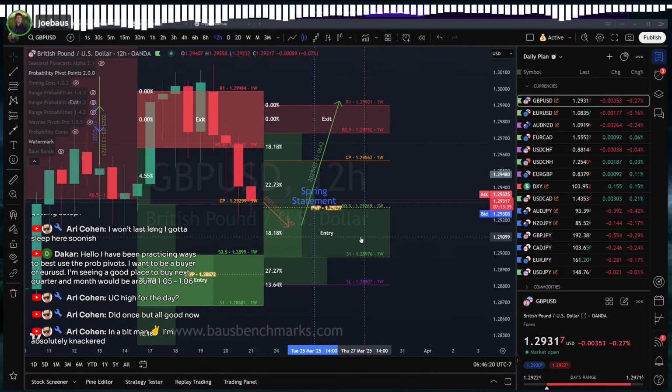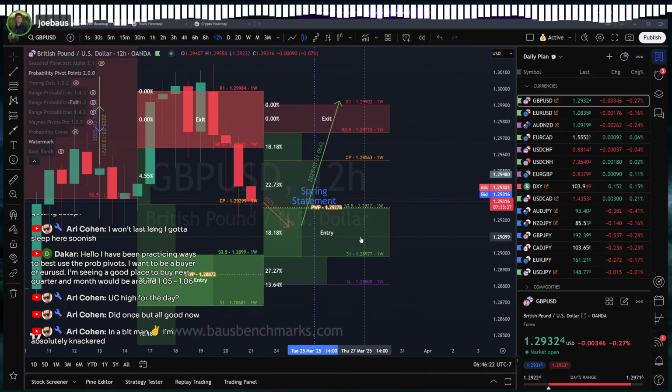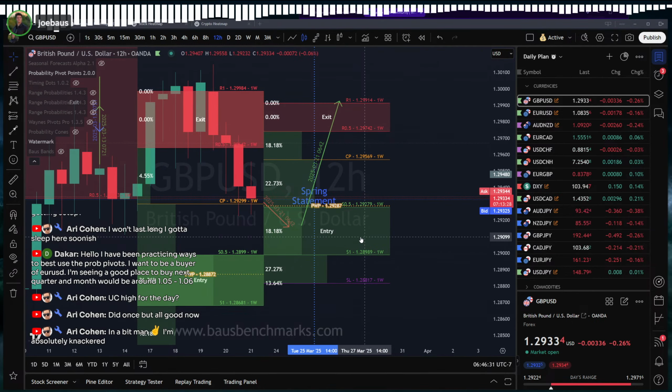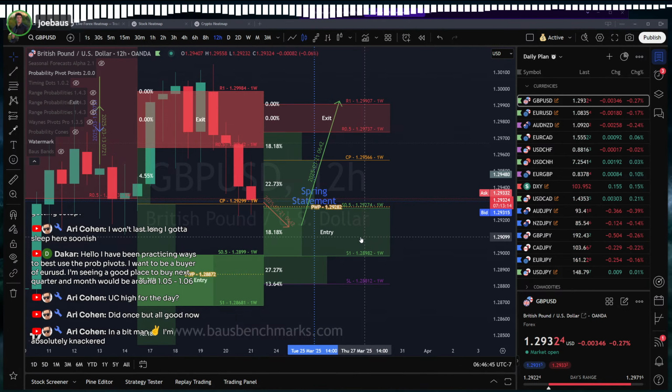We're also getting the UK flash PMIs, and if those do slightly better than expected, and the US flash PMIs come in as expected, which is a little worse than the prior numbers, then the pound could come down a little bit, and then once those flash PMIs actually release, see a rebound. Definitely in the cards.